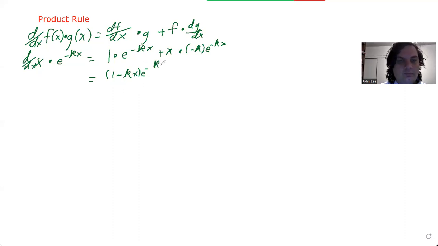So in order to find dg dx, you need to use the chain rule as well, but this is also the product rule, so that's how you do it.